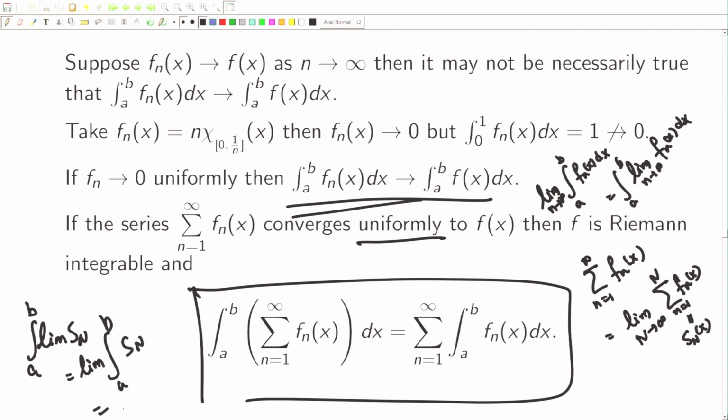Now, this S n is nothing but a finite sum. So, by linearity of the Riemann integral, we can interchange this finite sum with the integral, and then what we get is the appropriate result over here. Okay. So far so good.